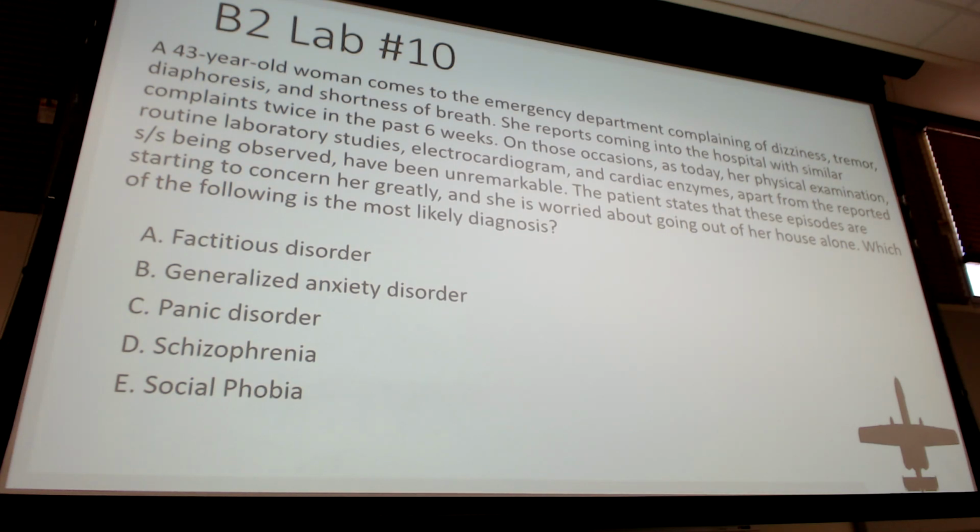Diagnosis, most likely, so there's probably more than one that could work. We want the most likely. Is this adult or child? Adult, male or female? Female, childbearing age? Stable or unstable? Close, right? Where are we? Emergency room, so our eyebrows are up. So we don't know. This is kind of borderline. Why is she here?